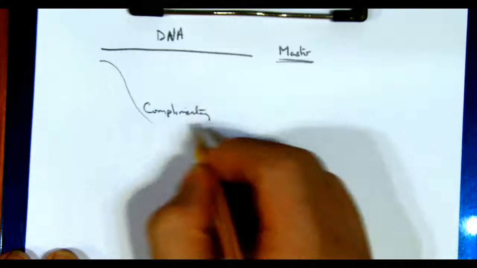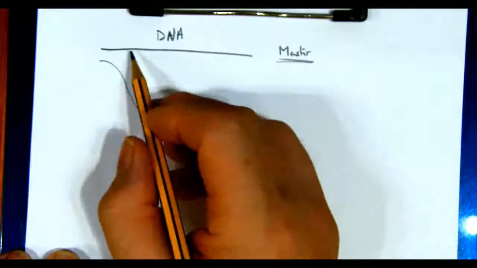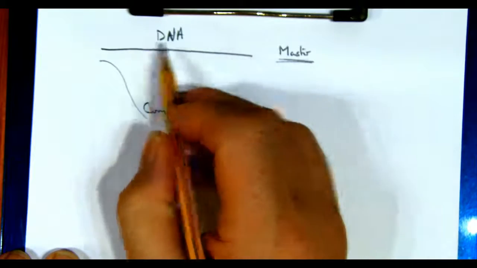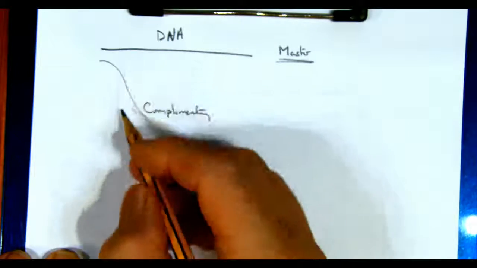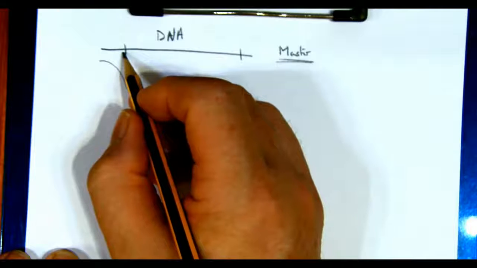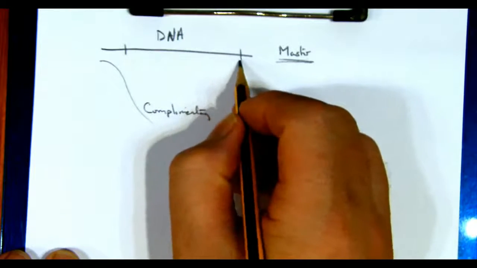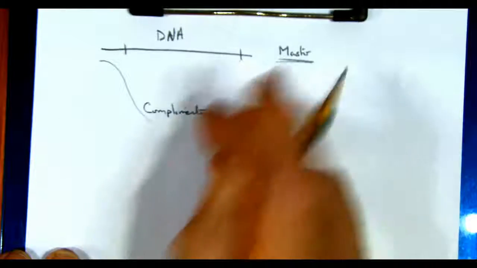And the other side here is just a complementary strand which just makes sure that this piece of DNA is going to be valid. And we've got a point to another point which is our gene.